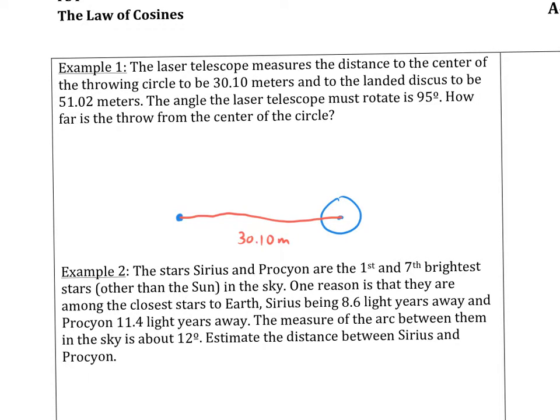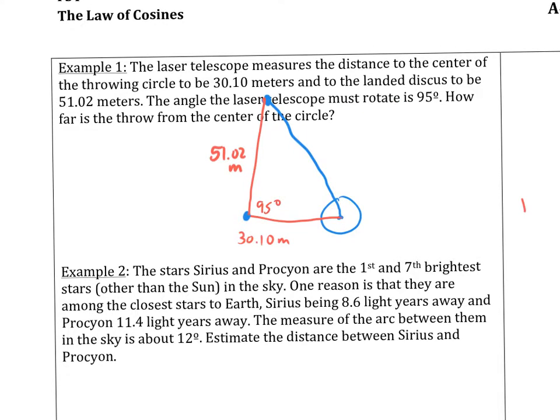Since my scale is already off, I'm going to go ahead and adjust it a little bit. So I adjusted it and it said it's going to be 52, 51, something like that, out to here. But that's not the 51. This is the 51 right here, 51.02 meters. So the angle that the telescope rotated was 95 degrees.